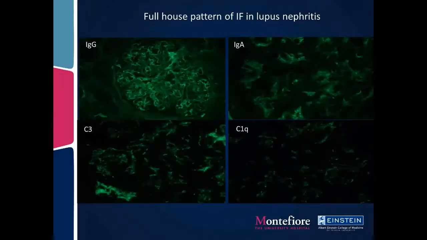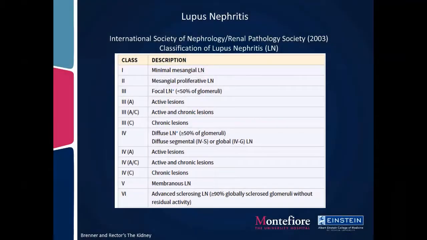So we said on immunofluorescence, the classical feature of lupus nephritis is that you have a full house pattern of staining. It stains for all the immunoglobulin stainings on immunofluorescence microscopy. And based on the biopsy, we classify lupus by 6 categories, from class 1 to class 6.